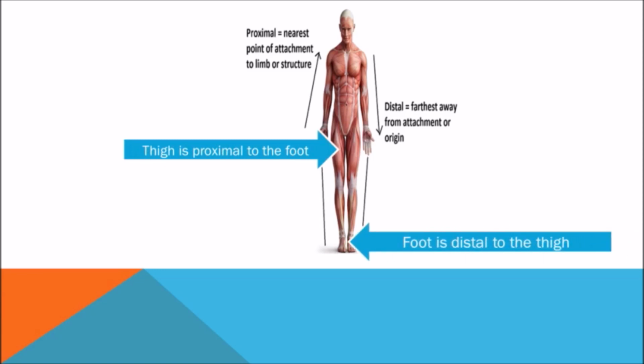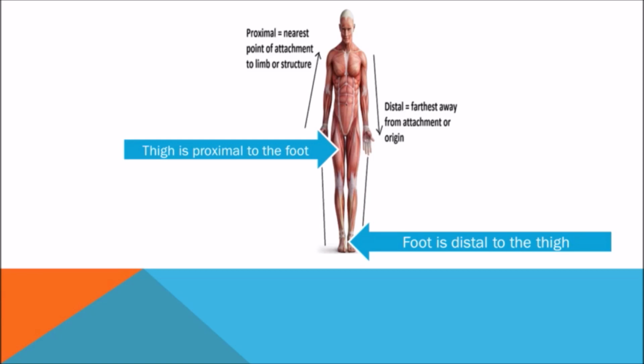One more example we will see here between thigh and the foot. Thigh is near to the trunk, so it will be proximal, and foot is away from the trunk, so it will be distal. So we can say thigh is proximal to the foot and foot is distal to the thigh.